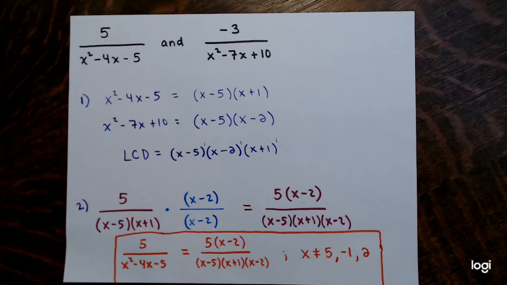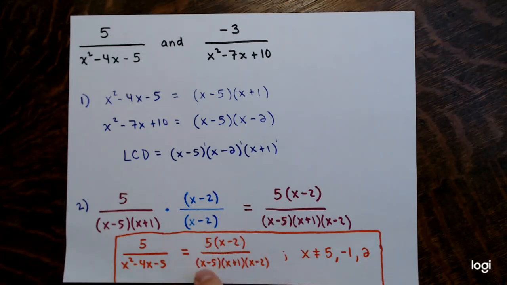Replace x with some number other than these. So how about 0? All right, here I'll make a quick out loud test. If x were 0, this fraction, the original one, the numerator would be 5, and the denominator would be negative 5. So the whole thing would be negative 1. 5 divided by negative 5. This fraction would have a value of negative 1.